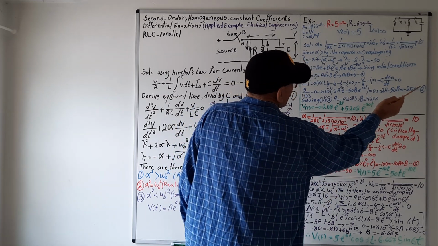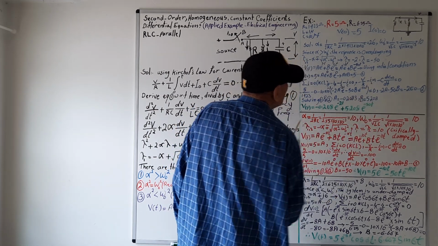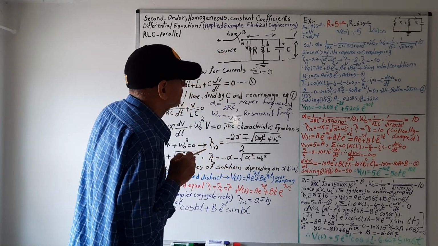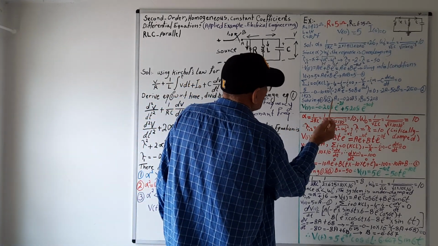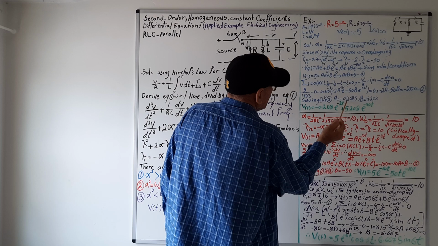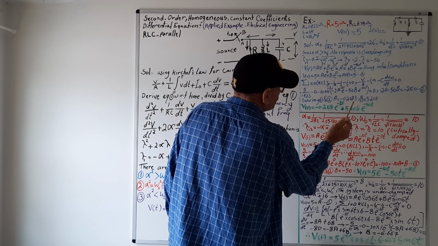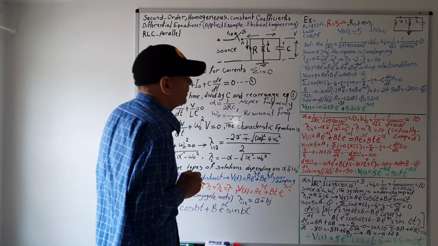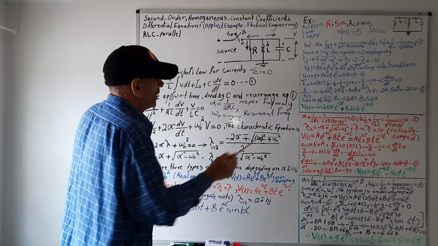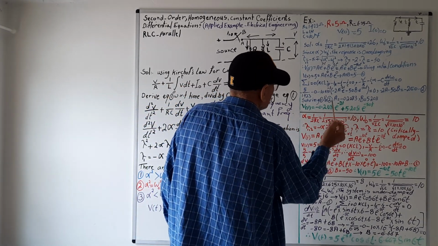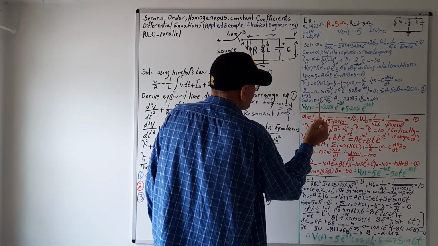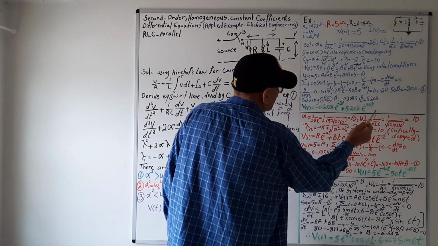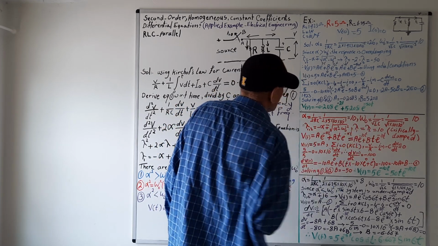This is equation 2. We solve 1 and 2 to find B and A. And here we found A equal 0.2083 and B equal 5.208. And this is the form where we plug in the constants A and B, and this is our solution.